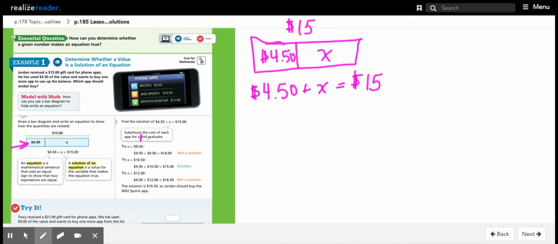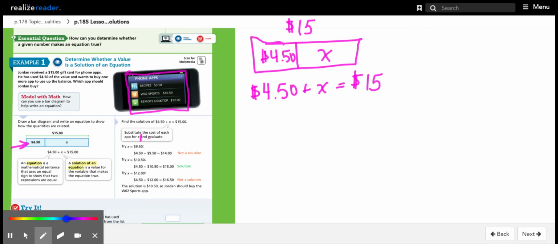Now I want to figure out which of these phone apps, which of these values for X will equal $15. So we're going to have to start plugging in some. I'm going to use blue for the recipes.